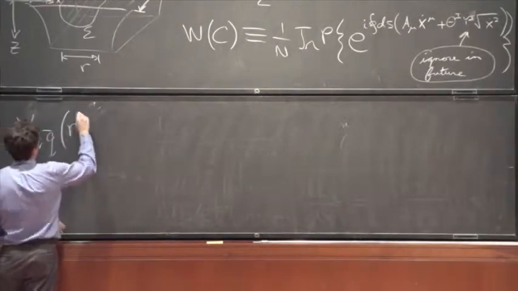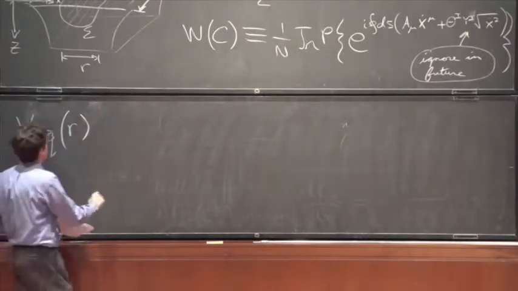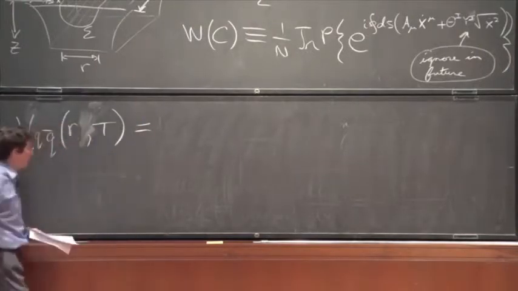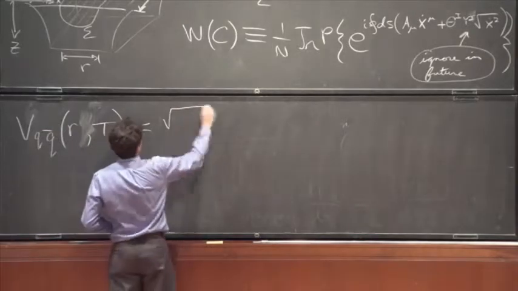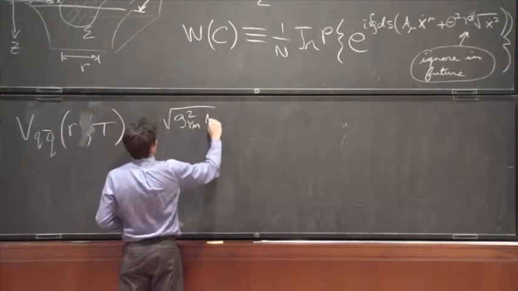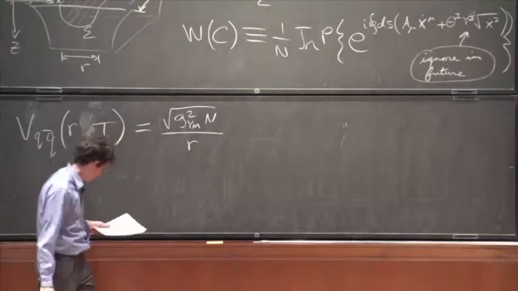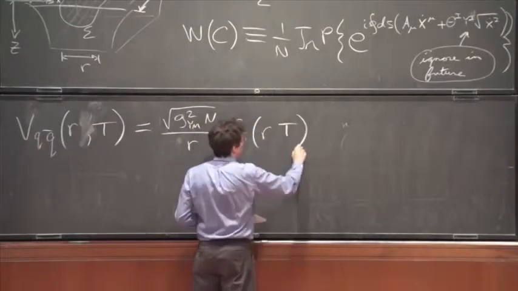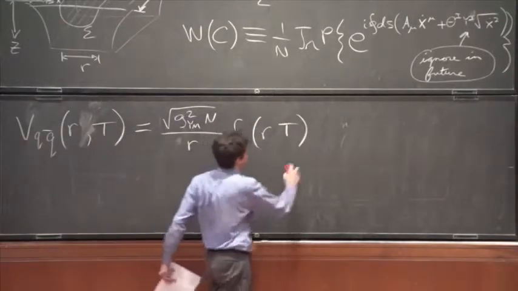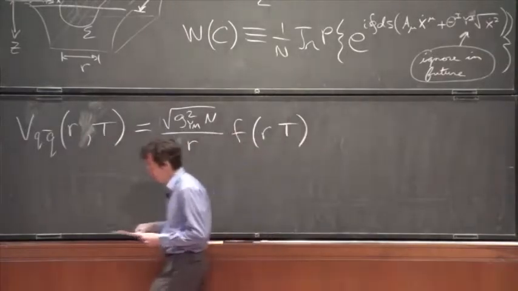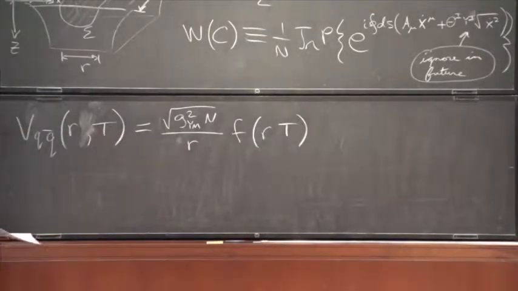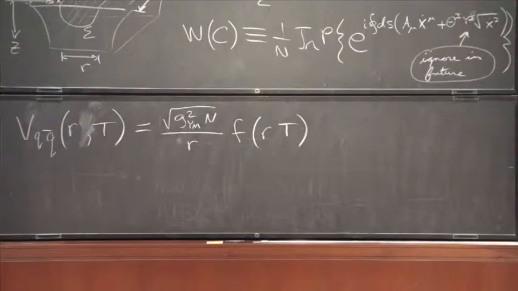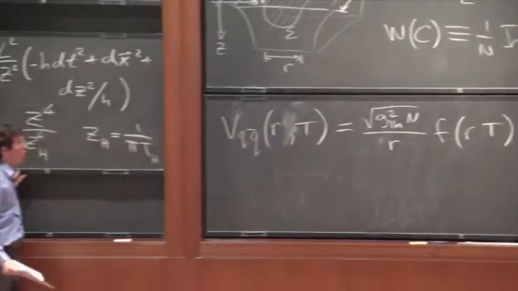You're going to get some potential between quark and antiquark, which is now a function of both r and T. And because it's a conformal field theory, it must be that the answer will be essentially what we got before times some function of the dimensionless quantity r times T. Now, admittedly, I haven't told you what this function f is yet, but that's just a matter of figuring out the details of this particular minimal surface.